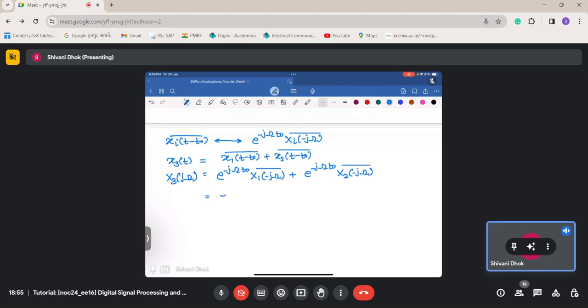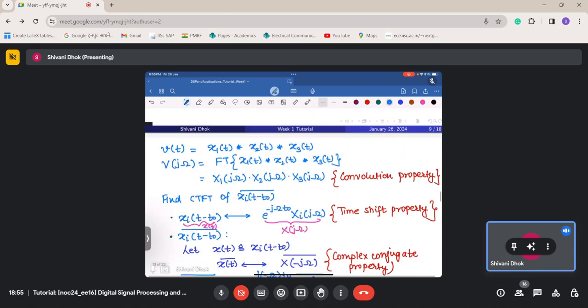So I can write this as e power minus j omega t naught times X1 of minus j omega conjugate plus X2 of minus j omega conjugate.